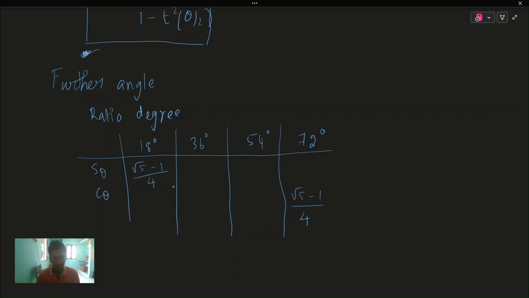And sine 36 is root 10 minus 2 root 5 by 4. Cos 54 is the same. Here, root 5 plus 1 by 4. Then you will be asking what about 74?